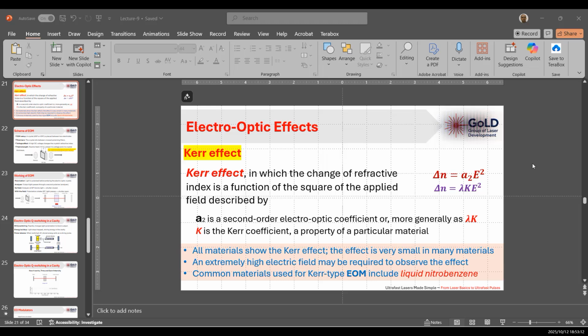In the case of a gas medium, it has a very high temperature, so it affects the cell.